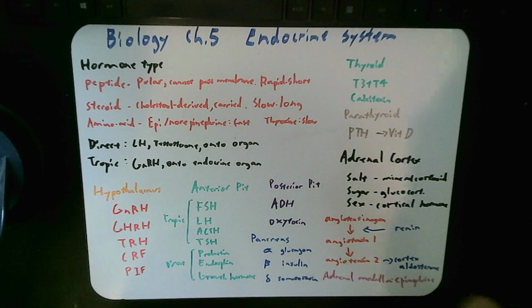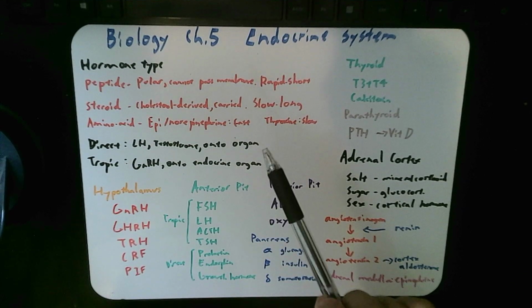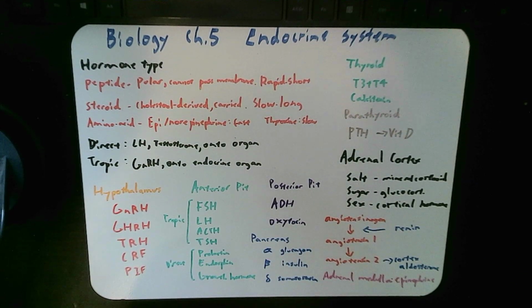But because they're polar, they cannot pass through the cellular membranes, because they're selectively permeable, and thus will need to be transported by select channels, or most likely they will act through a second messenger cascade in which they bind to the outside part of the membrane as a ligand, and they will trigger an intracellular response, such as the G protein coupled receptor response, or a receptor tyrosine kinase response, for instance.